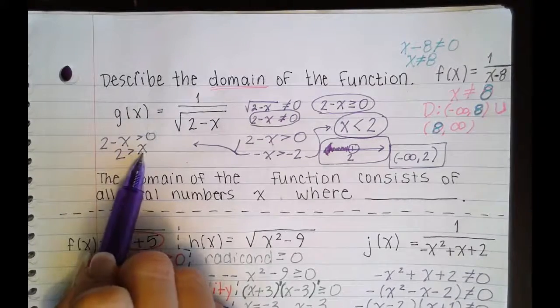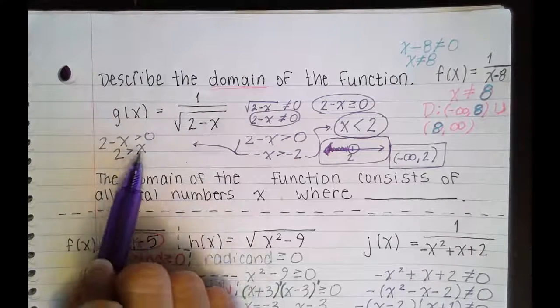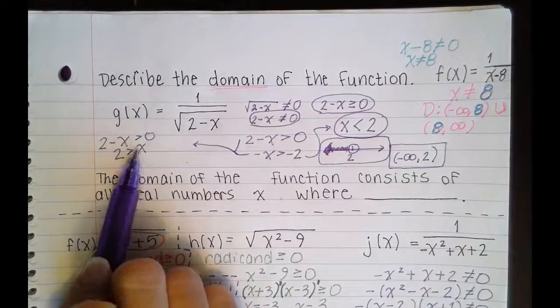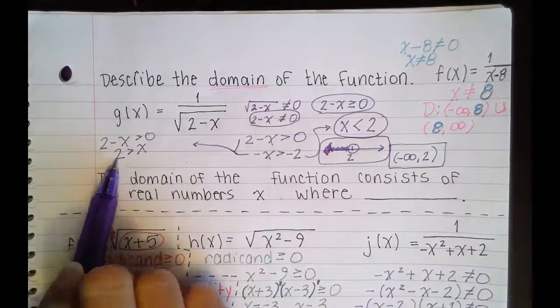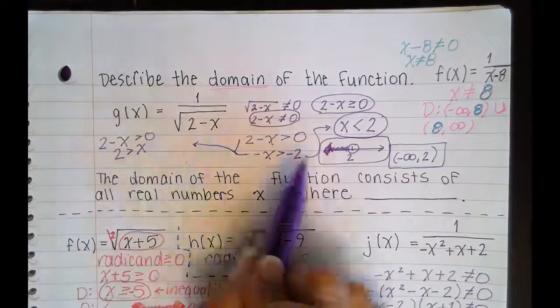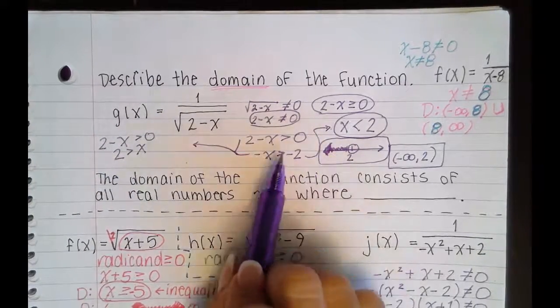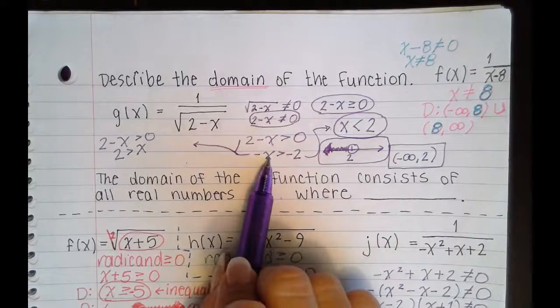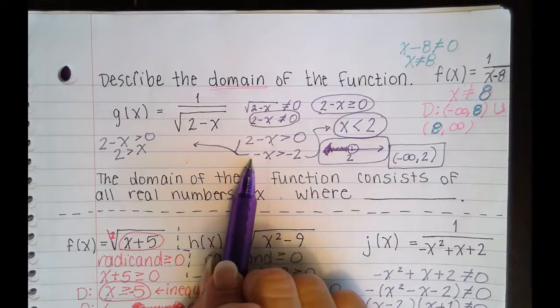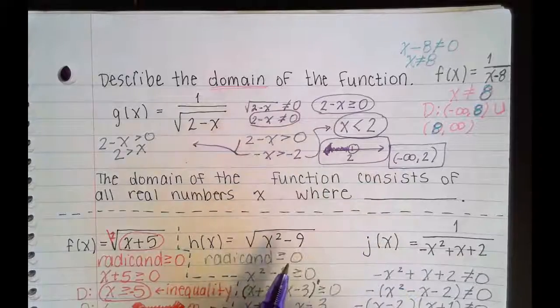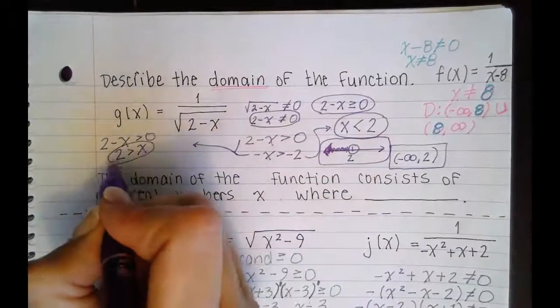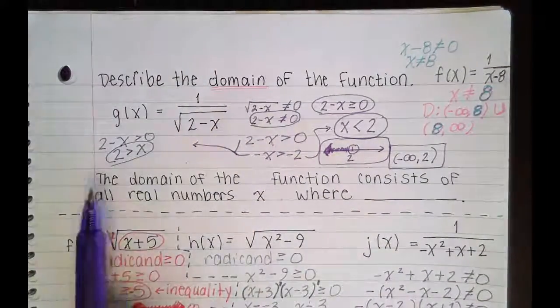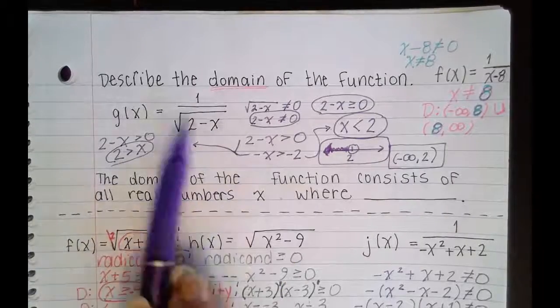So if I write a nice sentence: the domain of the function, here's my function, g of x is equal to 1 over the square root of the quantity 2 minus x. The domain of the function consists of all real numbers. Now, the all real numbers symbol, in case you ever see it, is this R with an extra bar in it. All real numbers x. x is some variable input value. Variable, the first 2 syllables, vary, means it can change.